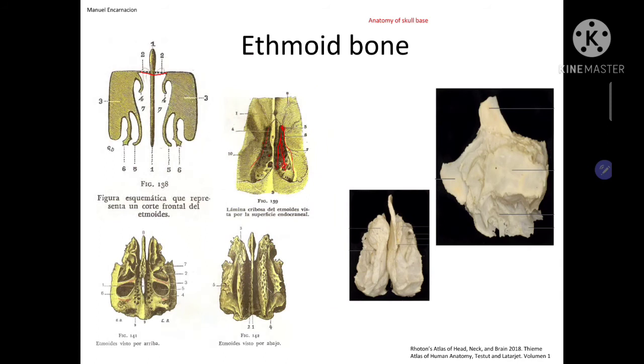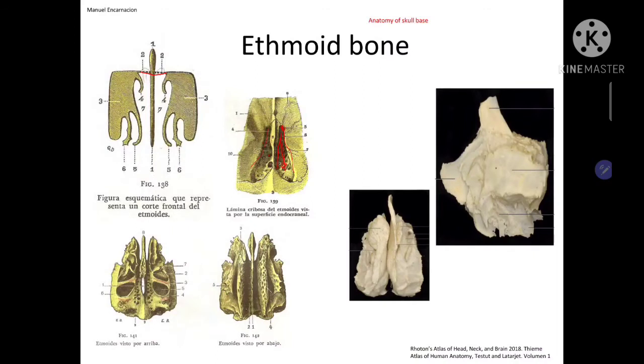Which element goes there? Yes, the posterior ethmoidal artery and the nerve also. Both of these arteries are branches of the ophthalmic artery. So at the end we have the ethmoidal labyrinth.